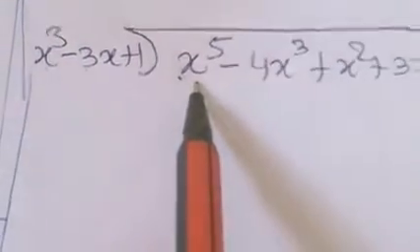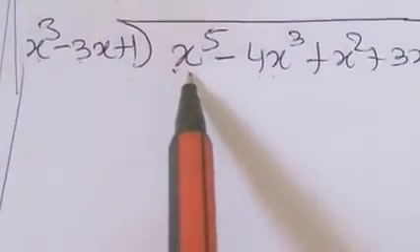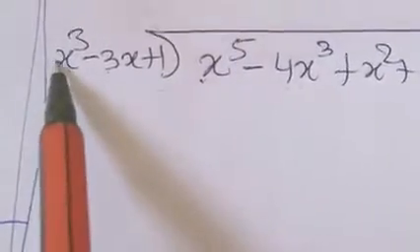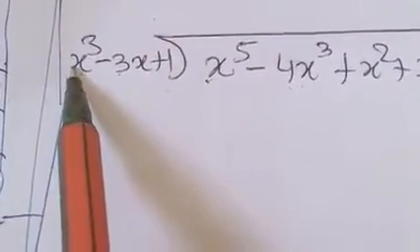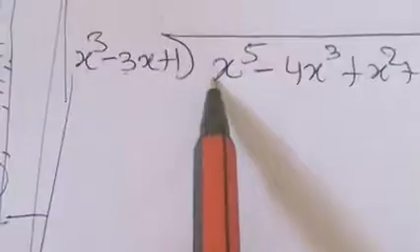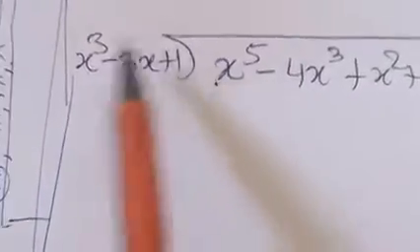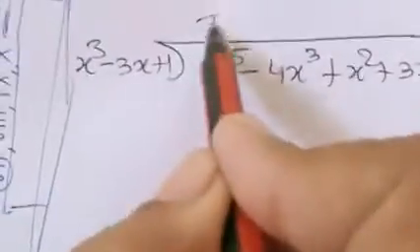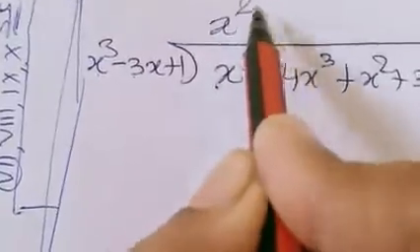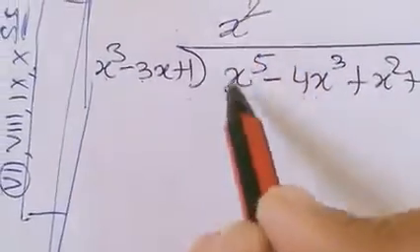Concentrate on this. x raised to 5 means x multiplied 5 times. x raised to 3 means x multiplied 3 times. Then here 2 x's are more. Here 5, here 3, means we required 2 more x. Therefore we are taking x square. Is it okay?